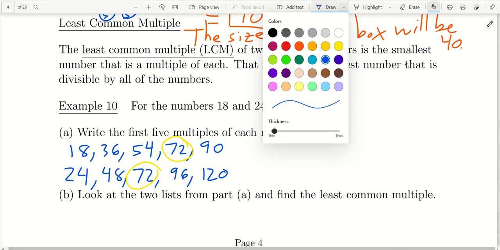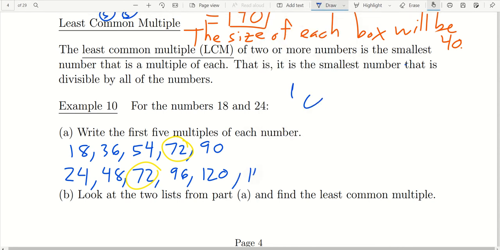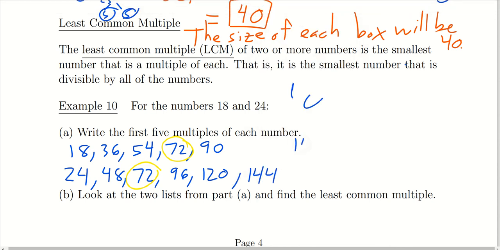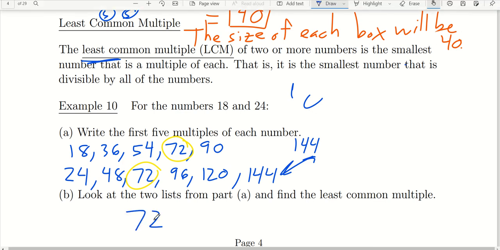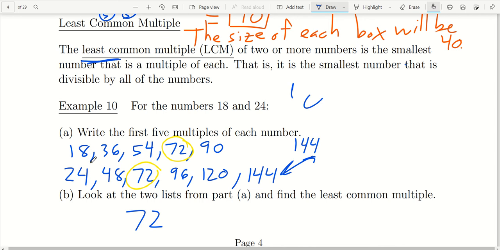For example, we stopped short, but you would have 144, and then over here in the list of 18, 144 would have been yet another common multiple. But in terms of being the least or the smallest common multiple, that goes to the value 72. So the LCM of 18 and 24 is going to be 72.